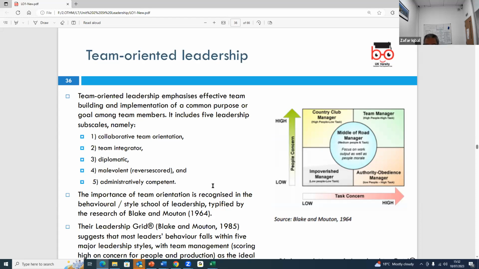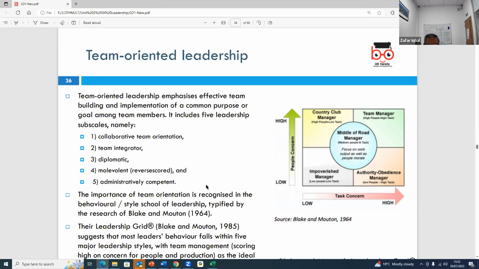They are very administratively competent. They are what you call reverse scored. They are very important at recognizing behavioral aspects of leadership. They are very good motivators.